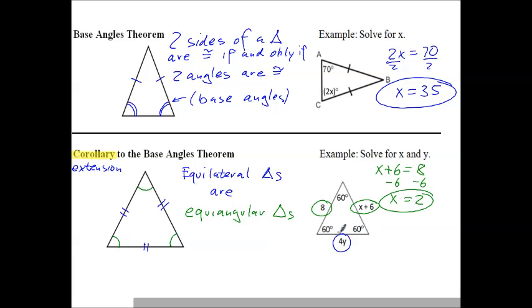And if 4y is also supposed to be equal to 8, well then y is equal to 8 divided by 4. Y is also equal to 2. That would be how we use the corollary to the base angles theorem to find out values if we have to. So much for this, and now go ahead and watch the second part of this tutorial.